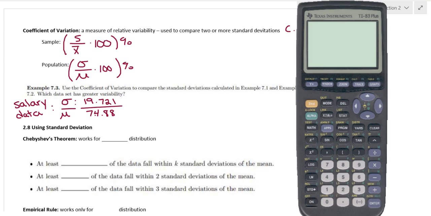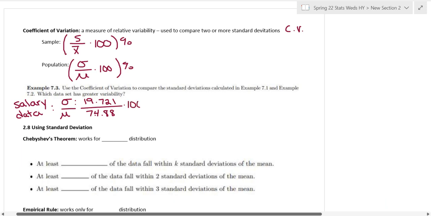So we just divide those. So 19.721 divided by 74.88. So 0.2633, we'll times that by 100. 26.34. So 26.34%.